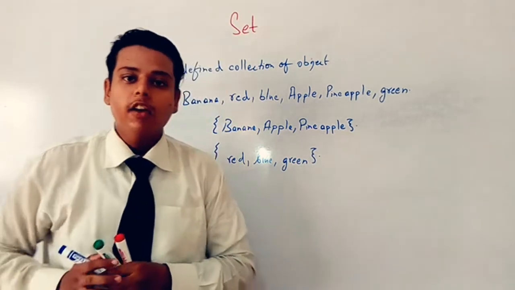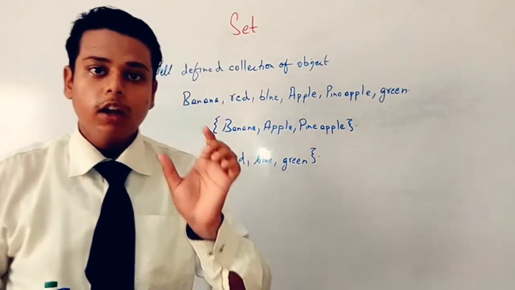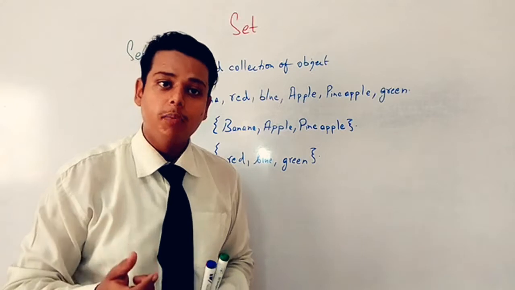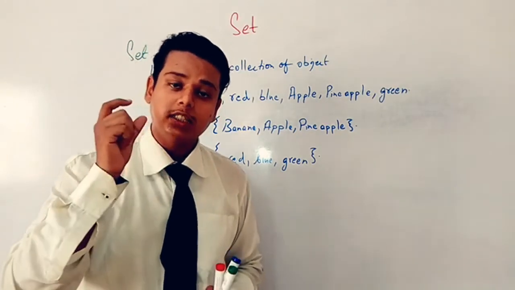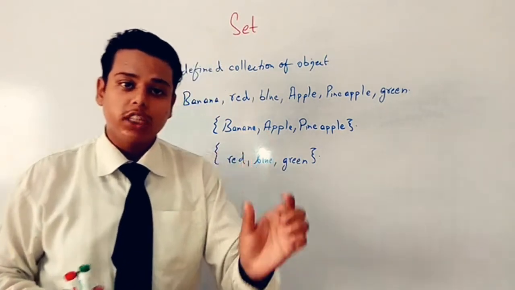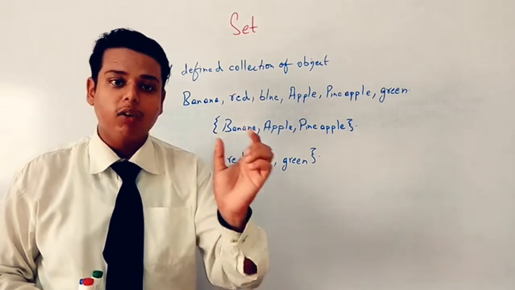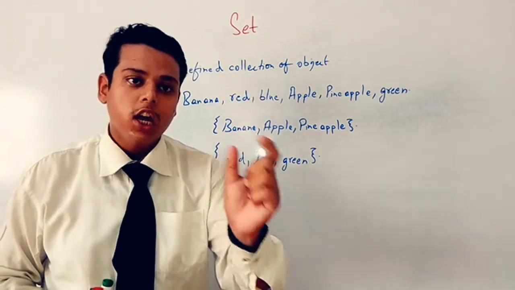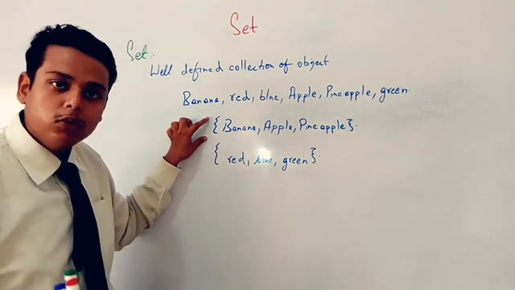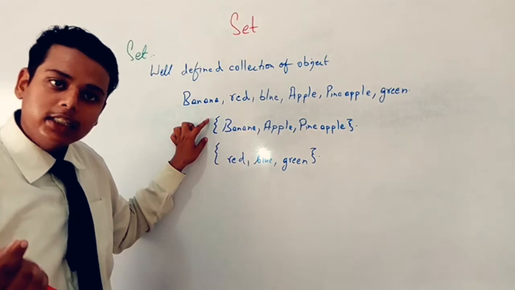So basically, whenever we are talking about the set, it is a group which we are making, and that group is well defined. In that group, the specification is the same of all the things present in it. मतलब जो उसके अंदर चीजें होंगी सबकी प्रॉपर्टीज सेम होंगी या कोई एक चीज उन सब में क्या होगी? कॉमन होगी. लेट्स सपोज अब अगर मैं इस वाले ग्रुप की बात करूं तो ये सारे किस फैमिली से बिलोंग करते हैं, यानी कि क्या उनके अंदर सेम है? ये सारे क्या है?